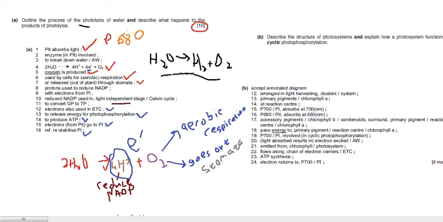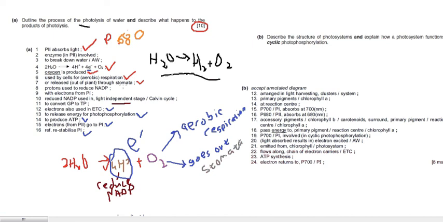And the hydrogen ions reduce NADP, which goes to the light independent stage to convert GP to TP, glycerate phosphate to triose phosphate. And the other thing is the oxygen, which is used for aerobic respiration or released out of the cell through stomata. So we got that.